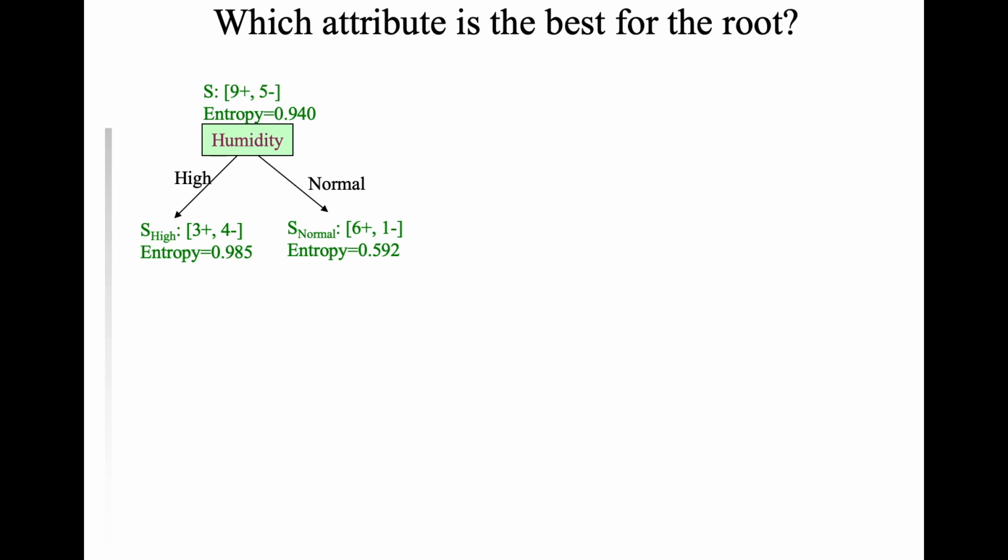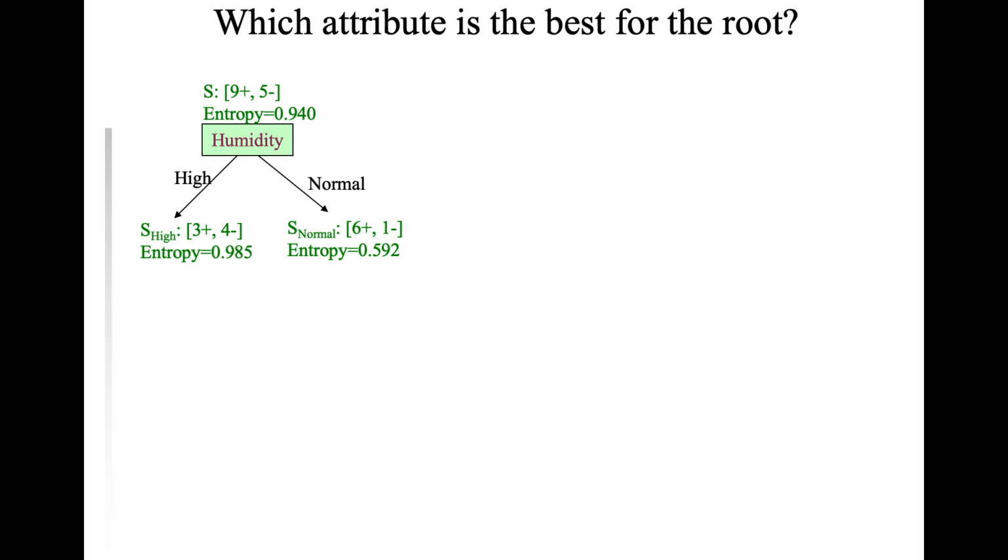Now we want to see how much we reduce this entropy based on our partitioning. So we have to find the difference between this entropy and the entropy based on our partitioning, right? So what is the entropy based on our partitioning on humidity?